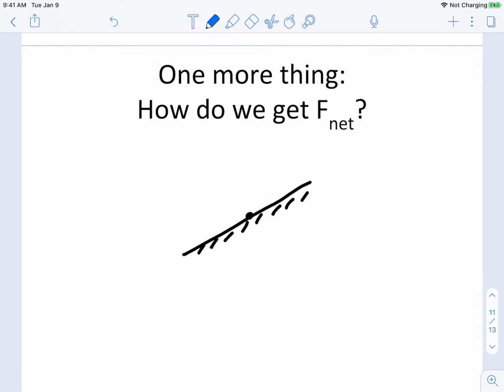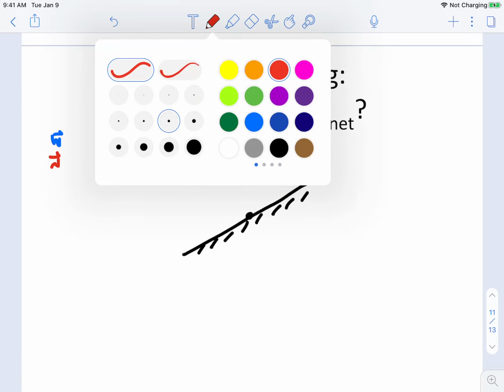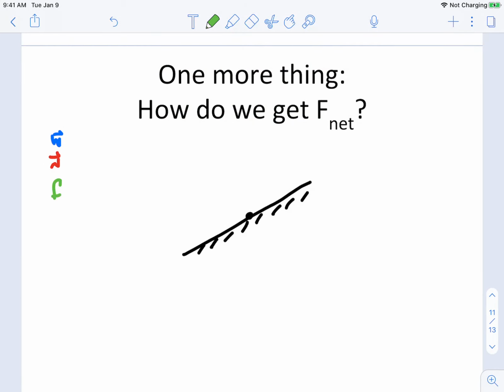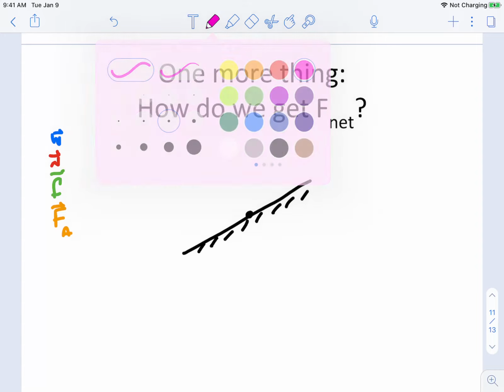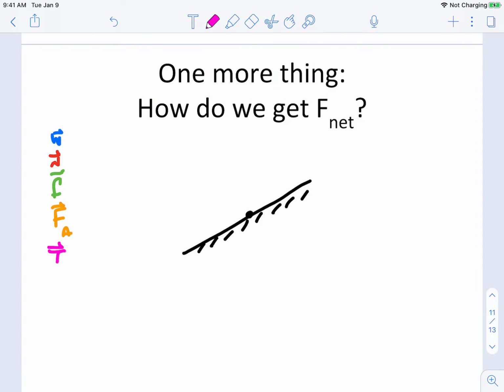I like to keep them color-coded, so my weight force is going to be my blue, my normal force is red, I'm going to keep friction as green, my applied force is going to be orange, if there is one, right? And my tension force I'm going to make pink. So I'm going to try and stay consistent with that kind of color scheme.